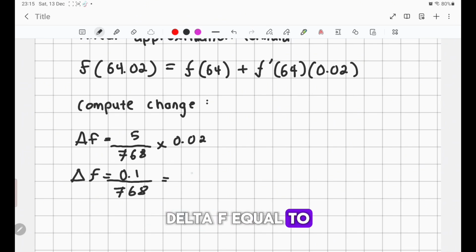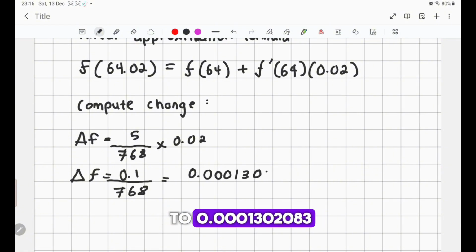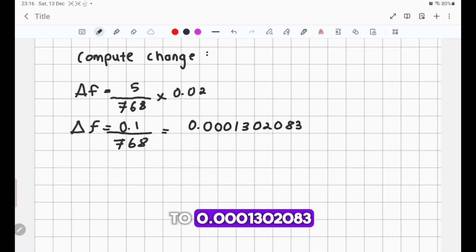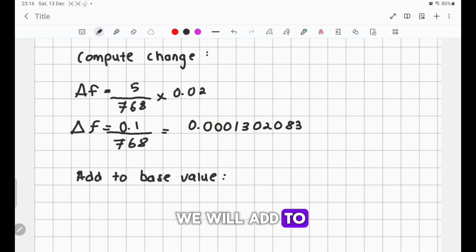Delta f equal to 0.1 over 768, equal to 0.000130283. After we get that answer, we will add it to the base value.